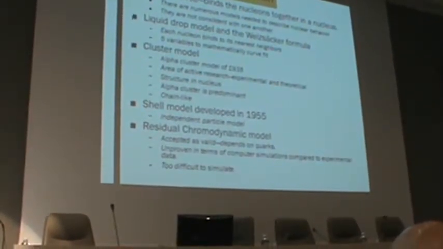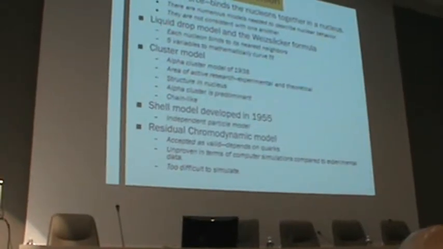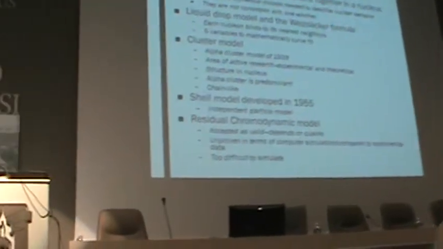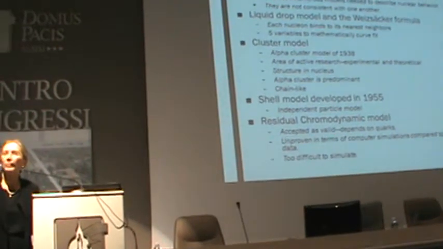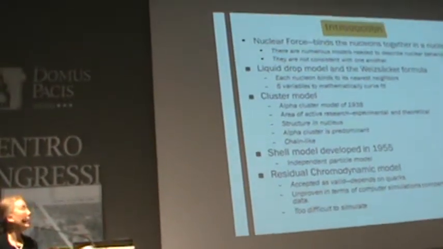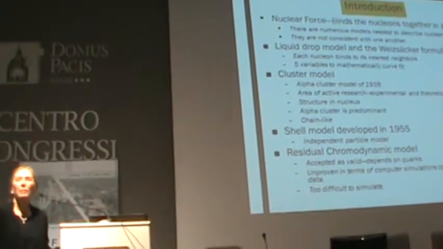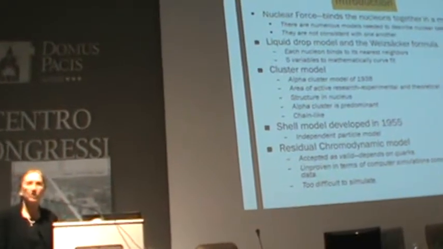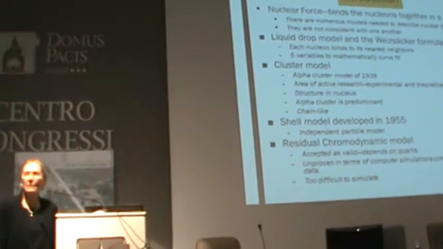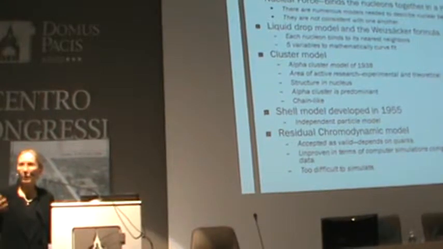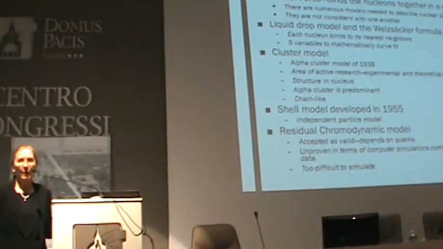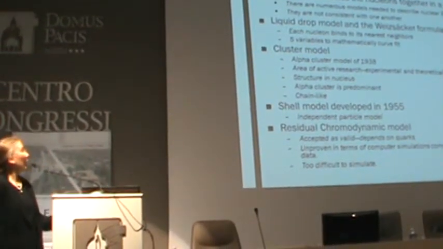Then there's the cluster model. Now that one is interesting because it is based on the alpha cluster model from 1938. And there is a lot of active research going on right now with regards to the cluster model, particularly experimental and theoretical.